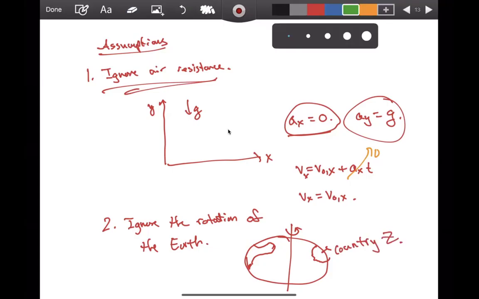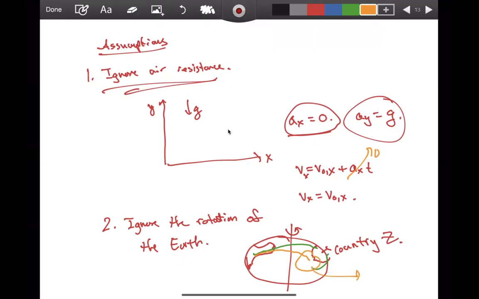If I try to send a rocket over here and this thing is flying over this way, what's going to happen is the Earth is going to rotate out of the way, which means the actual trajectory of the rocket is going to miss and hit something else. Which means instead of hitting country Z, we're going to hit country Y.